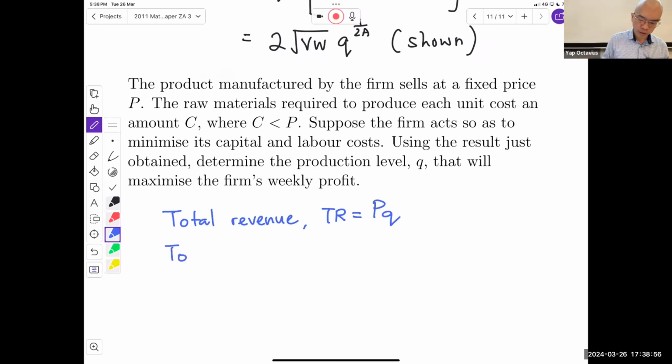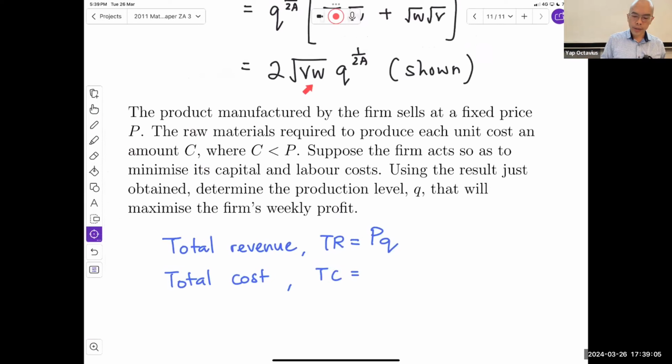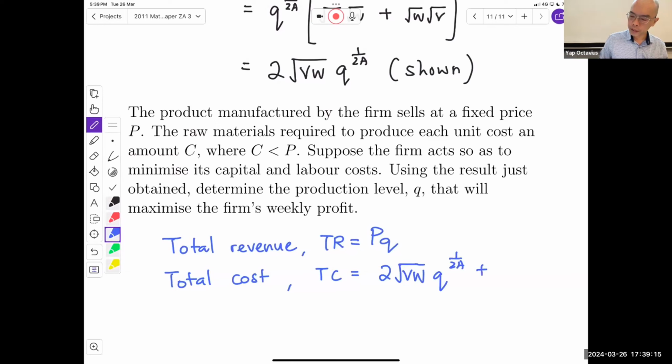So the cost, we get what we found here, plus the cost of raw material multiplied by all the quantity that you produce.